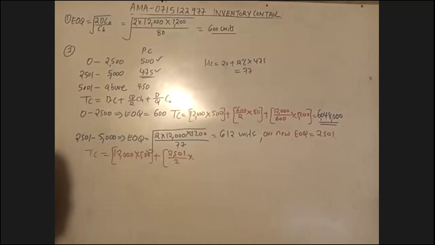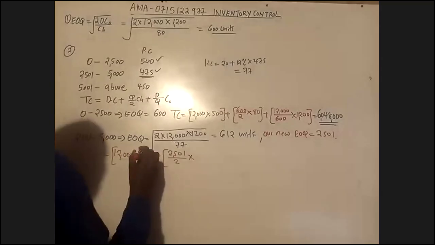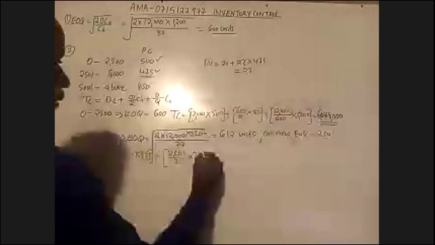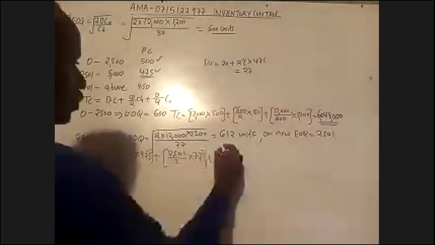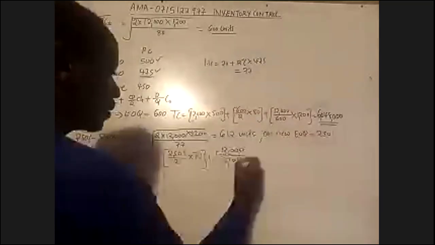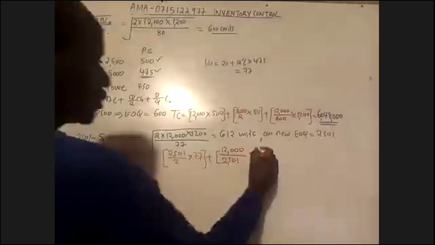Time is 475. Q over 2 CH, our CH ni 77 plus D over Q, which is 12,000 over Q 2501. Now we need to multiply it with our ordering, which is 1,200.